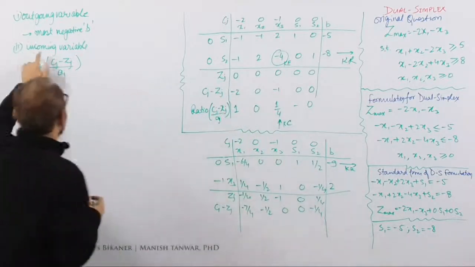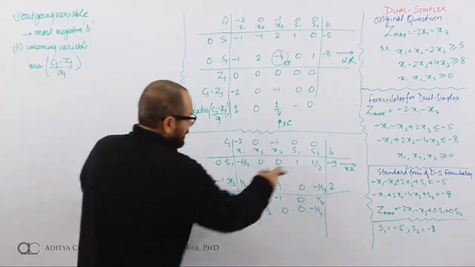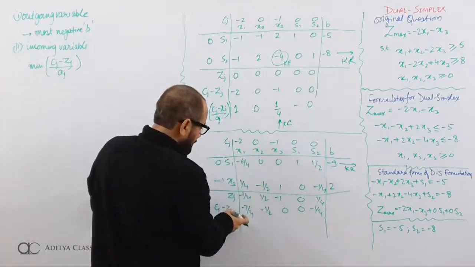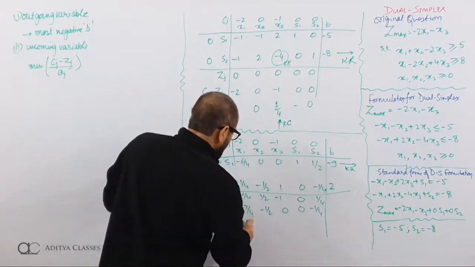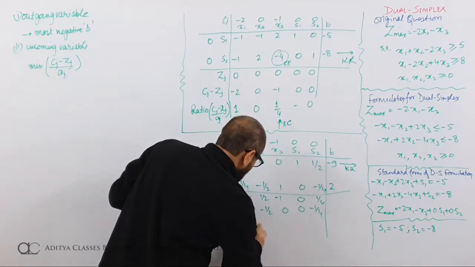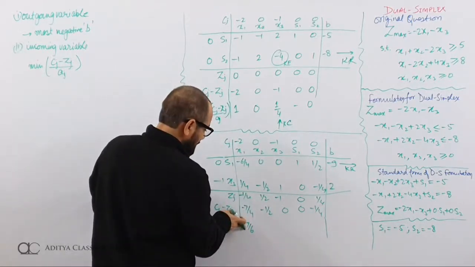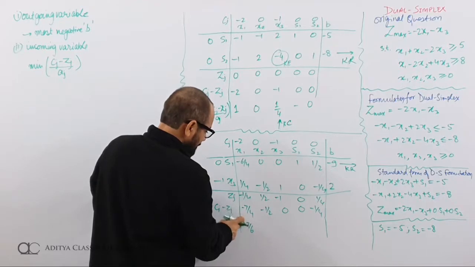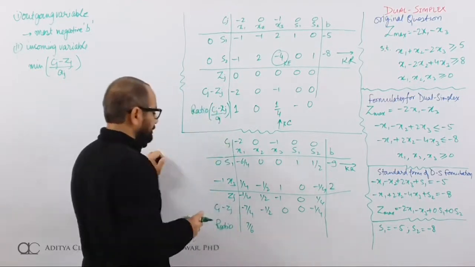How do we decide upon incoming variable or key column? Minimum of Cj minus Zj upon Aj. So this is my key row this time. So minus 7 by 4 divided by minus 6 by 4, making it minus 7 by 6, or rather minus gets cancelled. This will be our ratio.